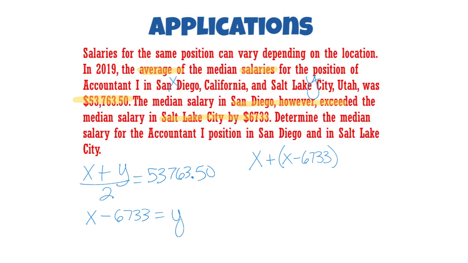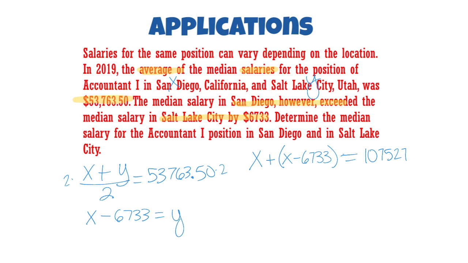All right, the other thing I'm going to do is go ahead and take both sides times 2 at the same time here. So that's going to equal, grab my calculator here. Instead of the 53,000, I'm going to have the 53,763.5, and I'm going to double it. Okay, it's going to make my numbers a little bit nicer. 107,527.